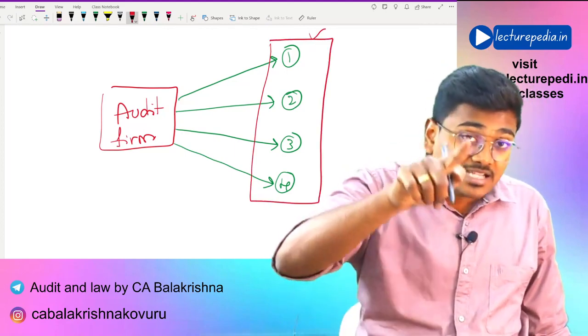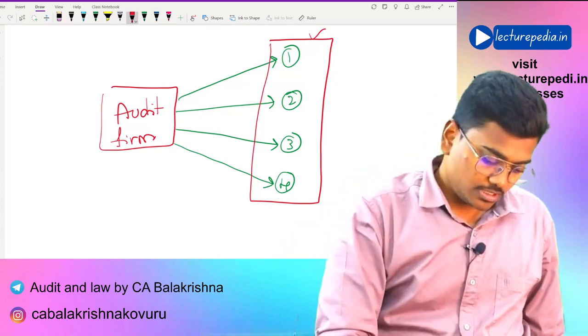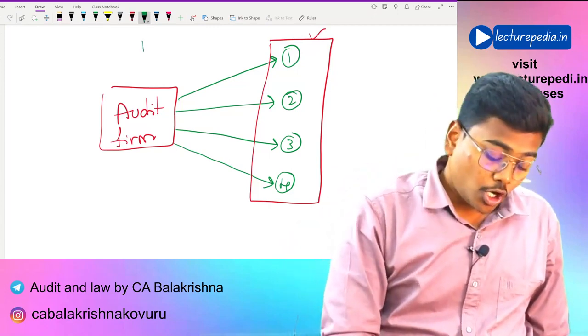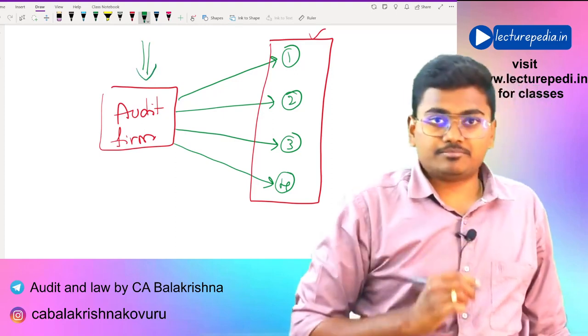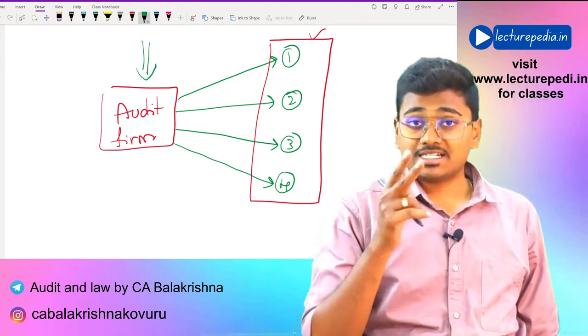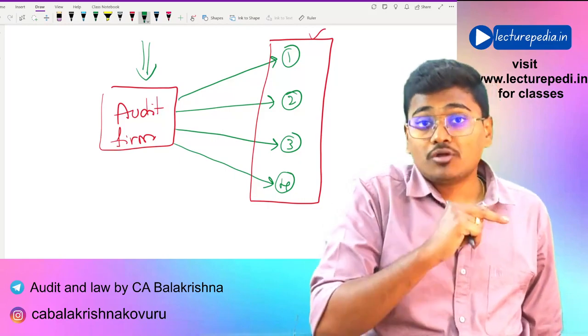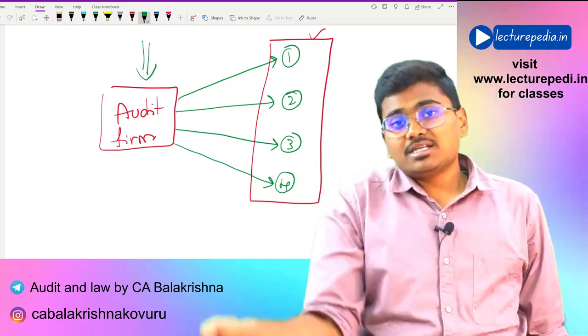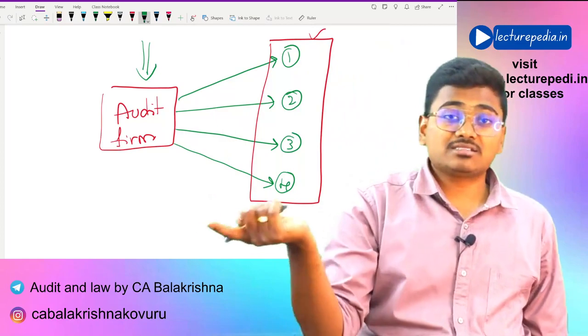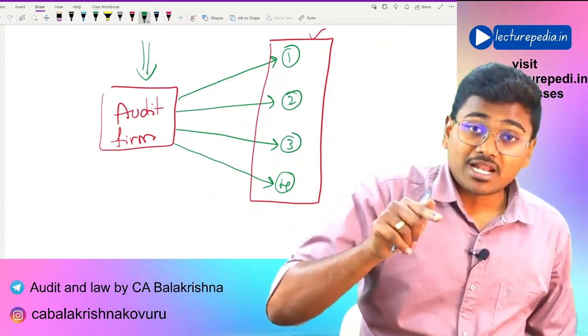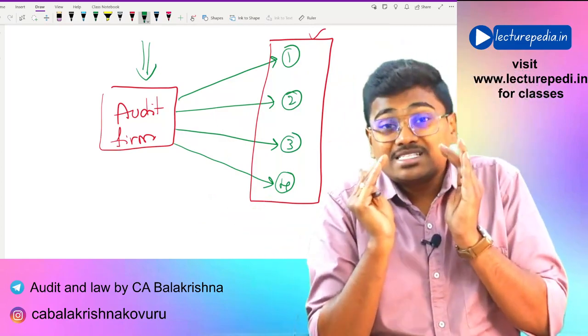Whereas standards on quality control will be applicable on the audit firm itself. See, there is a difference. Remaining standards apply on the assignments that the audit firm takes up, whereas standards on quality control apply on the audit firm itself.